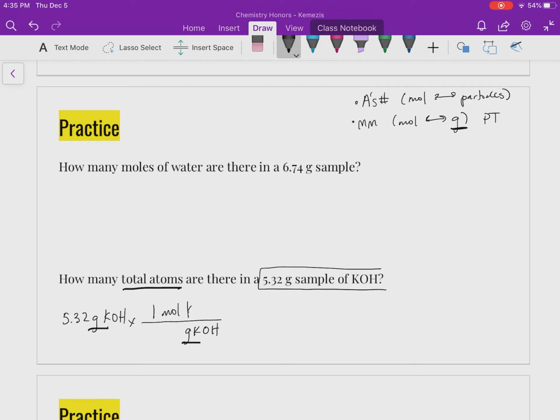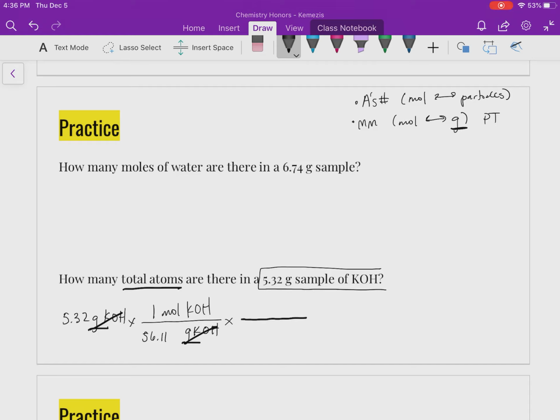I'm going to use the molar mass of KOH, which is potassium plus oxygen plus hydrogen, and I get 56.11 grams, right? So that's good. I cancel out my grams of KOH. Now, we want to get to total atoms in KOH.